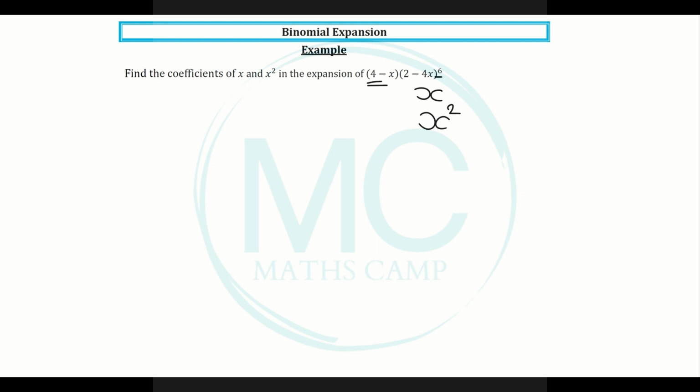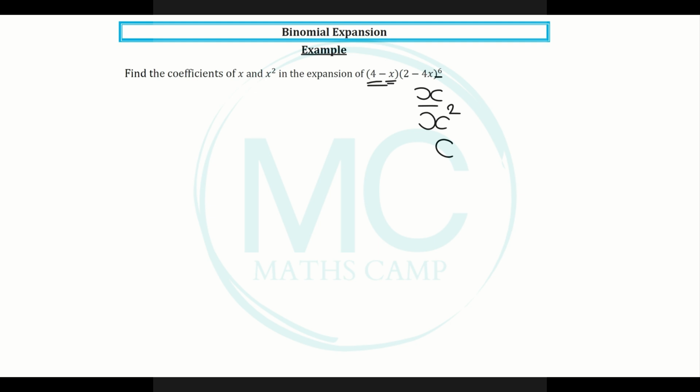The first bracket also contains an x term. To get an x term in our final expansion, we need to multiply by a constant in the second bracket. To get an x squared term, we need to multiply by the x term in the second bracket.